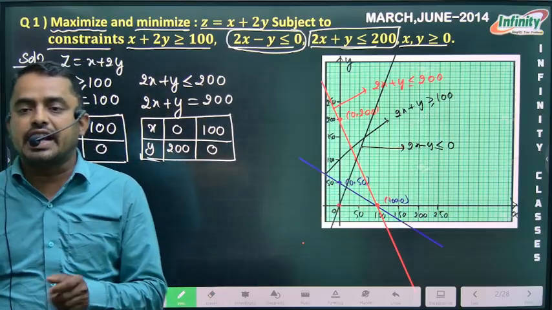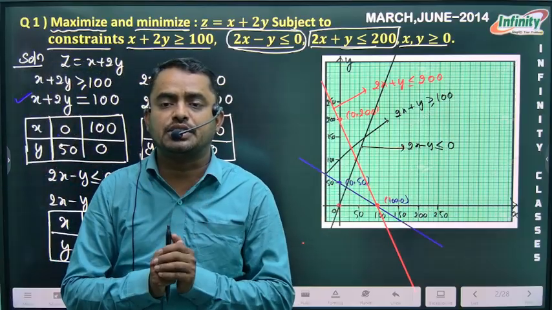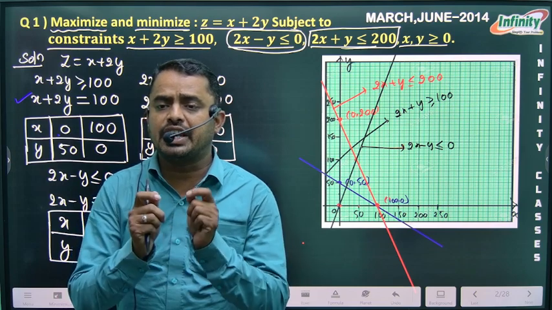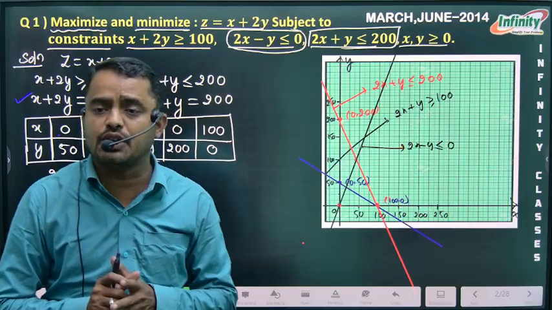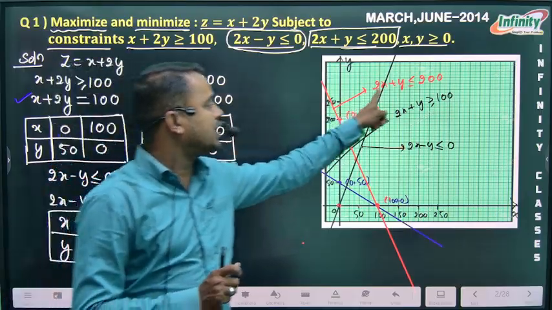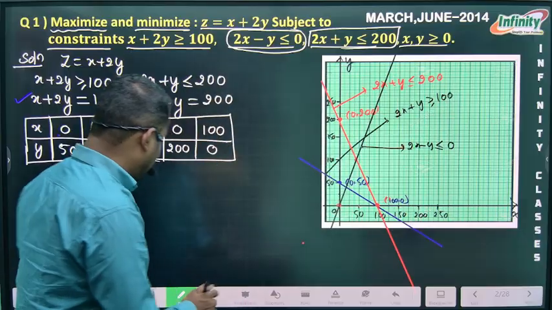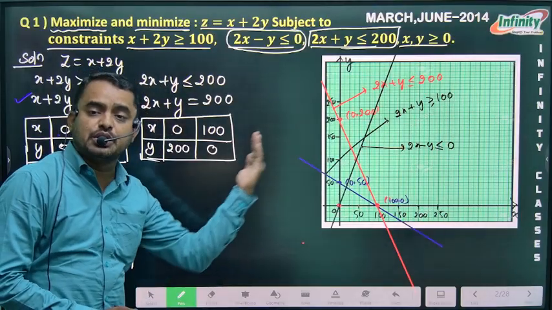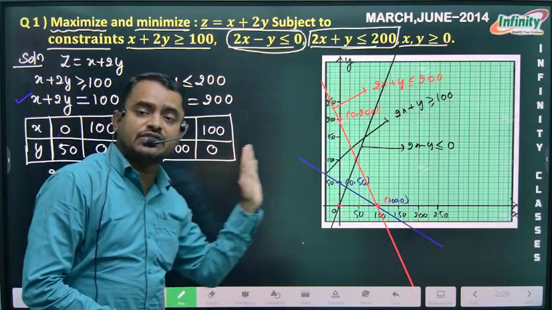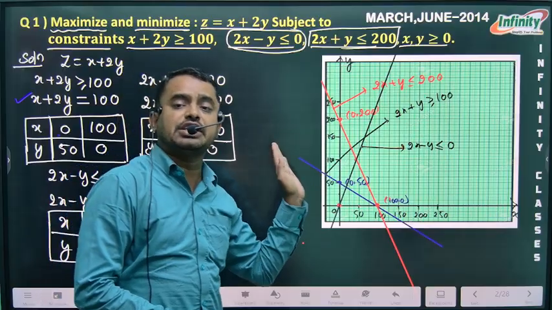Then after that we need to find the feasible region. How to find the feasible region? It is very easy, dear students, as we have to take the testing point as 0, 0. If you put x 0 and y 0 in the inequality, if it is satisfied, the solution lies towards the origin. If it does not satisfy the inequality, the solution lies away from the origin.